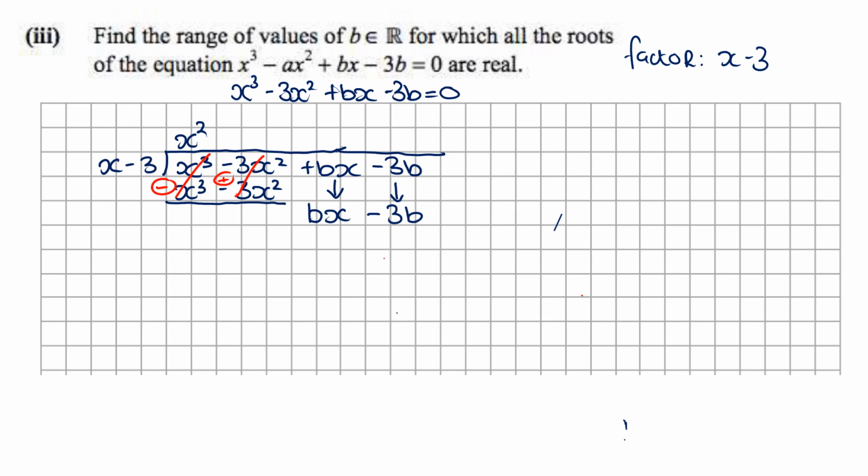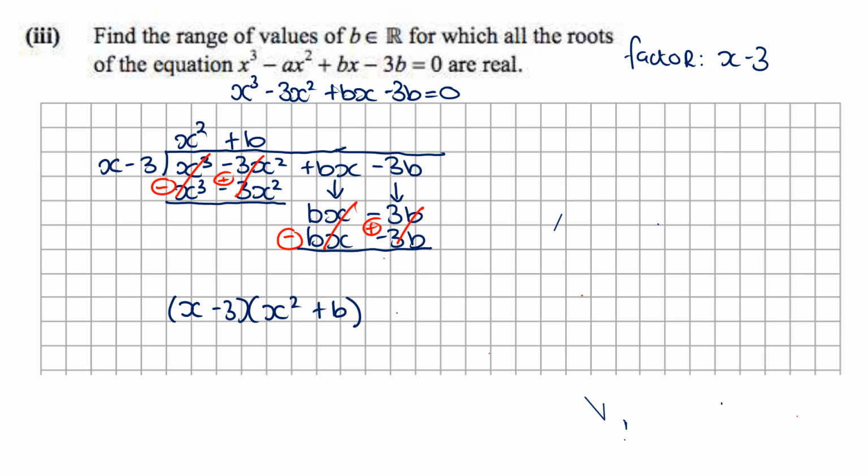The next thing we have is x divides into bx, and that goes plus b times, which gives me bx minus 3b, and the same thing happens. We get nice cancelling. So that has divided in evenly, and we now have two factors. x minus 3 is one factor, and x squared plus b is the second factor.